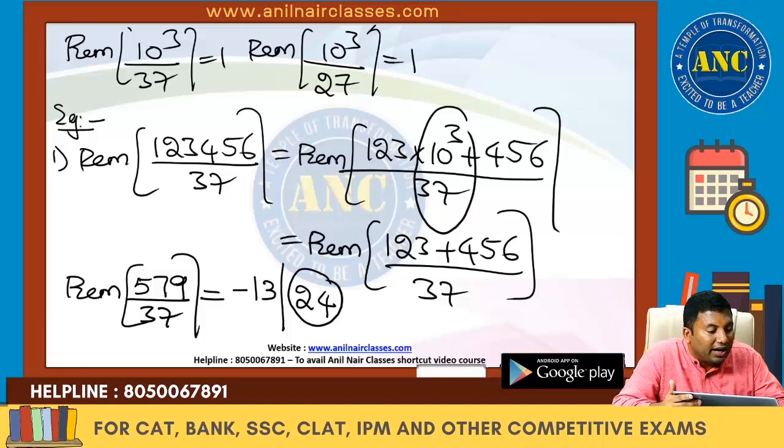I hope the idea is clear. Start from the right hand side, take a group of 3 digits and keep on adding them. If you got minus 1, alternately add and subtract. If you got plus 1, just keep on adding, depending upon the power of 10 which gave you plus 1. I hope the first example is clear.